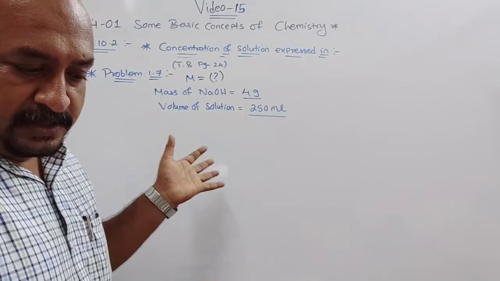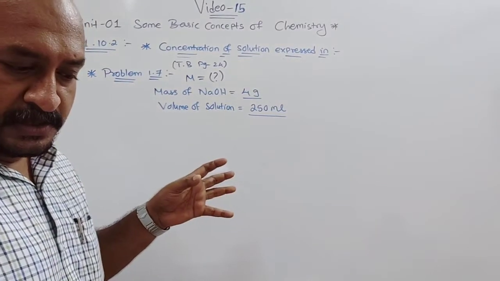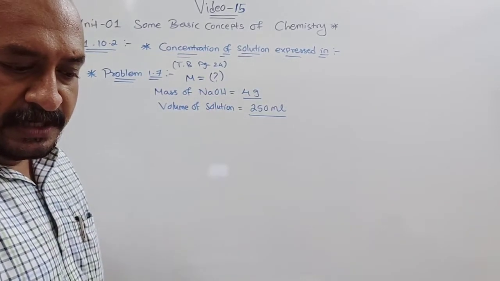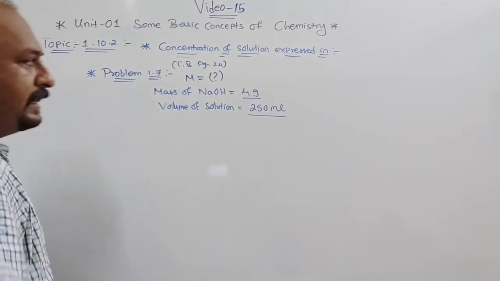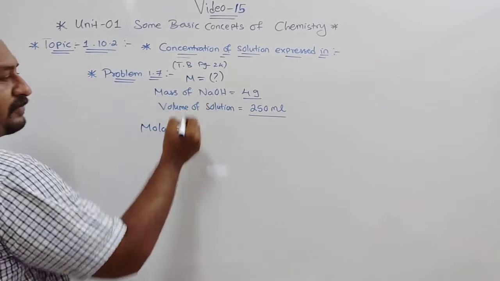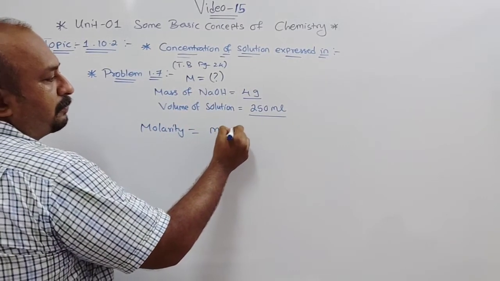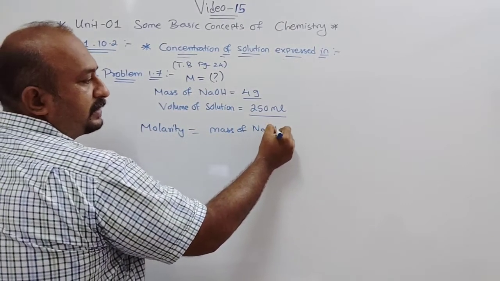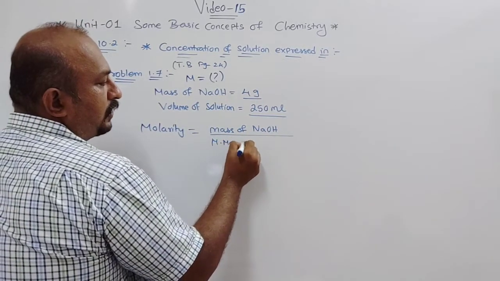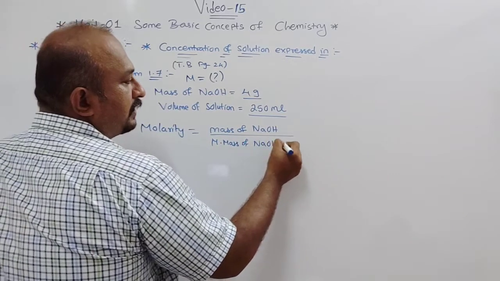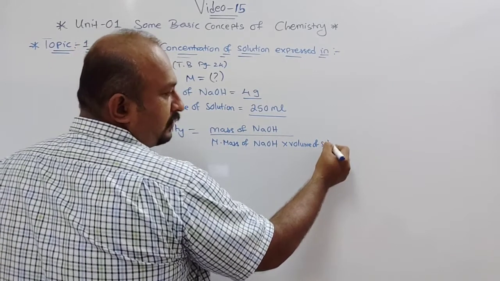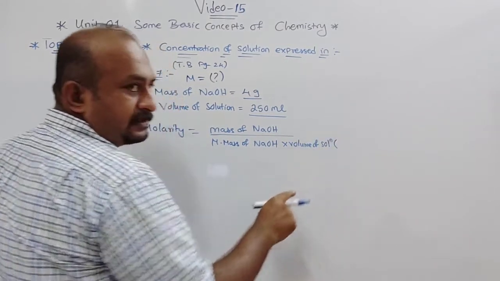It is given: calculate the molarity of NaOH in the solution prepared by dissolving 4 grams of NaOH in 250 ml of water. Now if you write the formula, molarity is equal to mass of NaOH, that is the solute, upon molar mass of NaOH into volume of solution in liter.